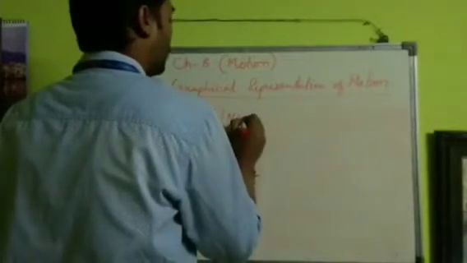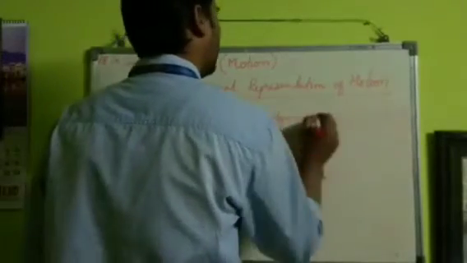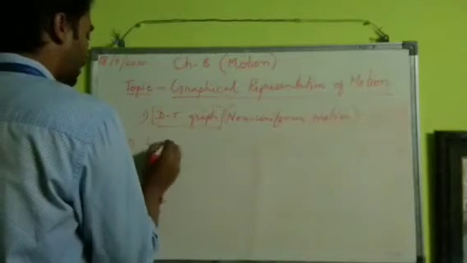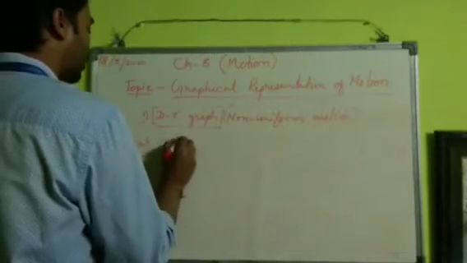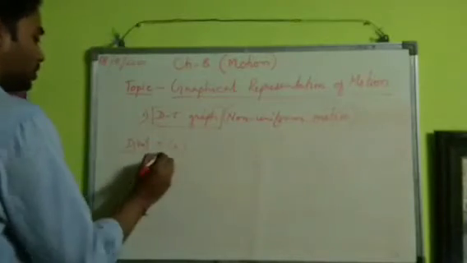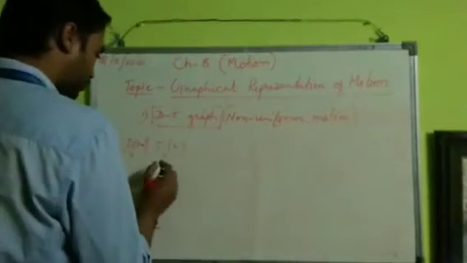Now let us draw distance time graph for non-uniform motion. So again, let us take few values. Distance time. Distance again, let us take in kilometers. Time in hours. So for 0, it is 0.